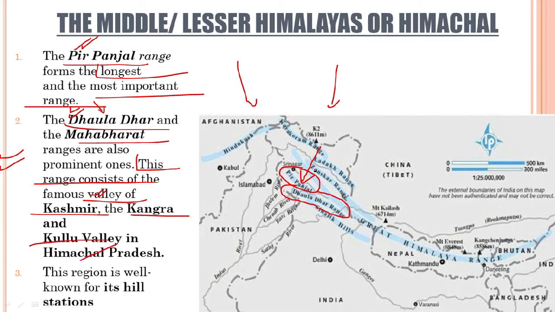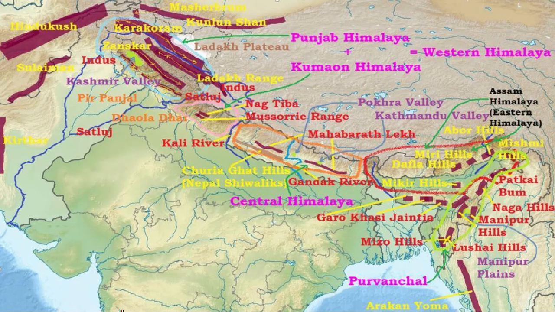Now here around the region of Pir Panjal you will find Kashmir, and as you keep descending around Himachal Pradesh, you will be finding the Kangra Valley and the Kullu Valley. One of the most important characteristics again of this range is hill stations. So you are likely to find a lot of hill stations in the Lesser Himalayas.